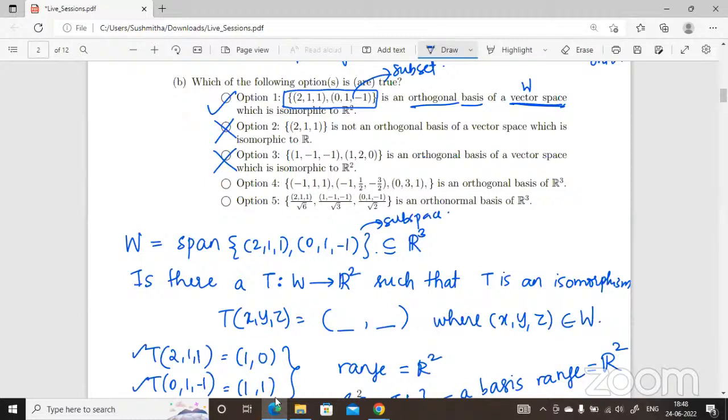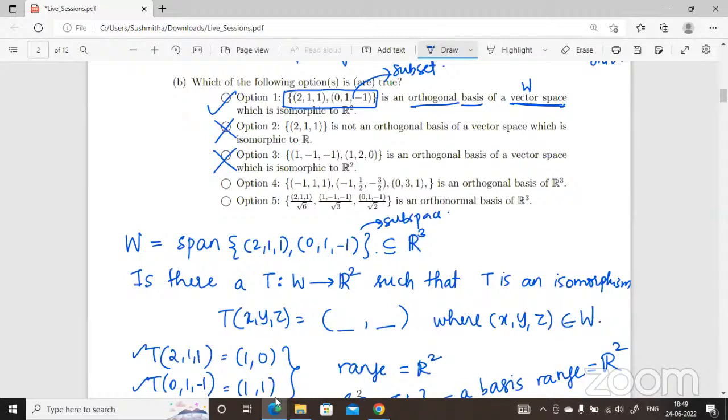But because it's given it's orthogonal, it is not true, right? So do you agree that this option would have been true if orthogonal was not there? Yes, okay, ma'am.